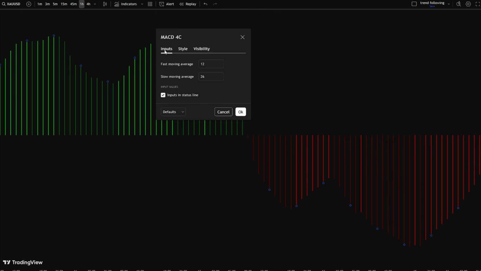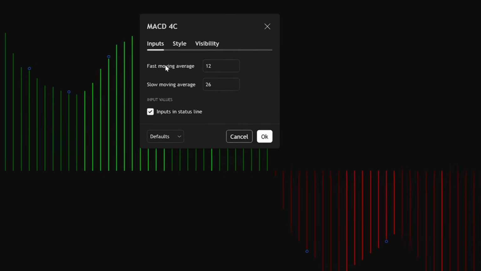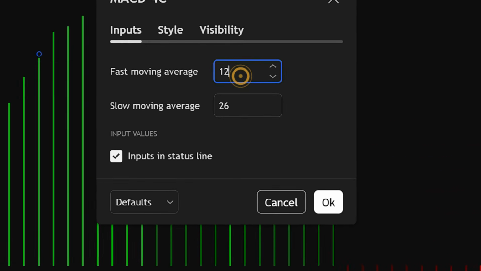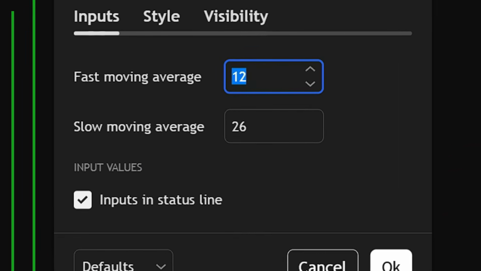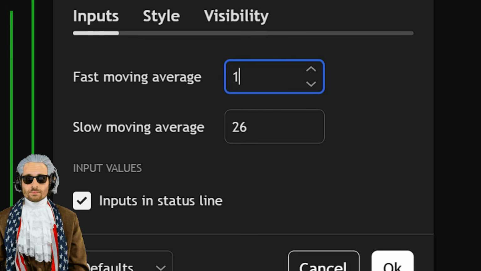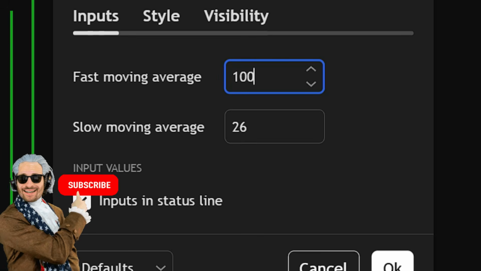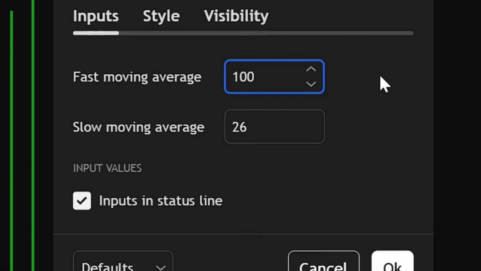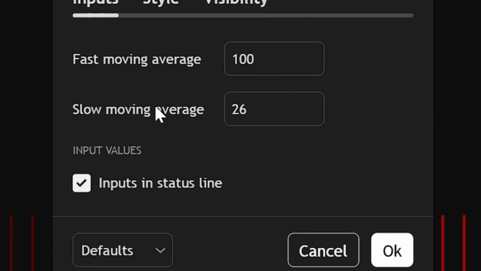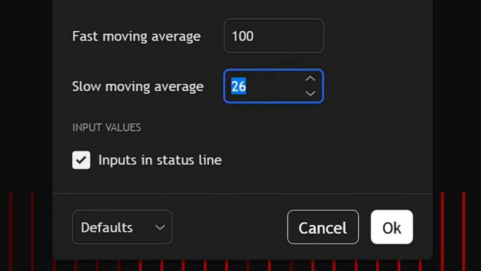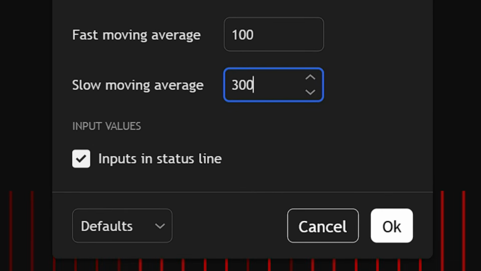So, head over to the settings for the MACD4C indicator and the inputs tab. You'll want to change and increase the fast moving average to 100. Then also change and increase the slow moving average, this time to 300.